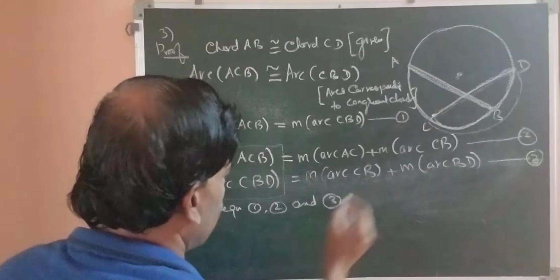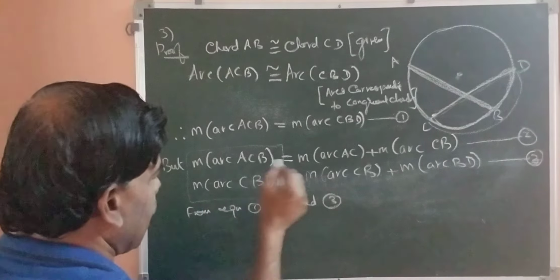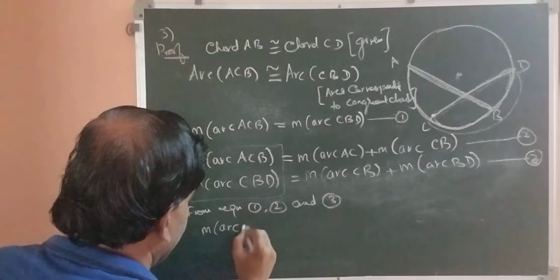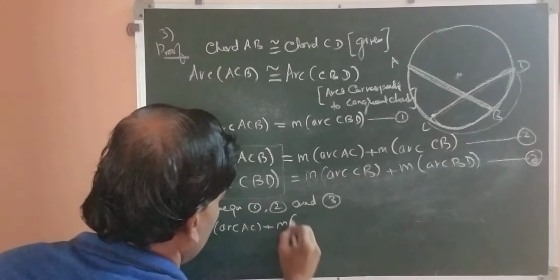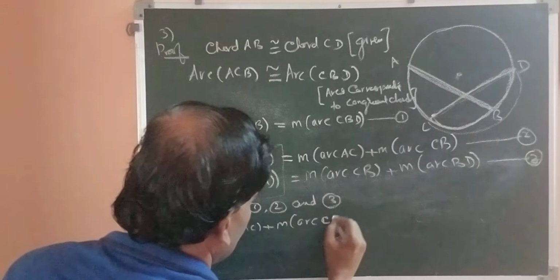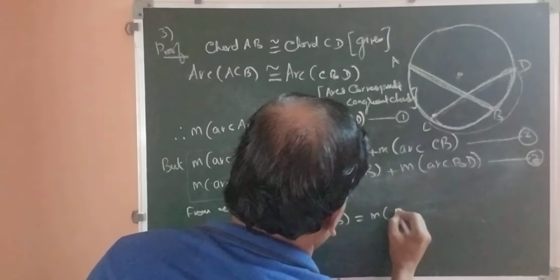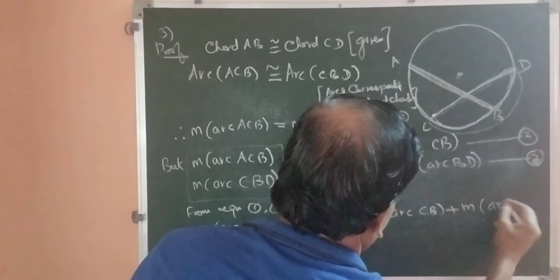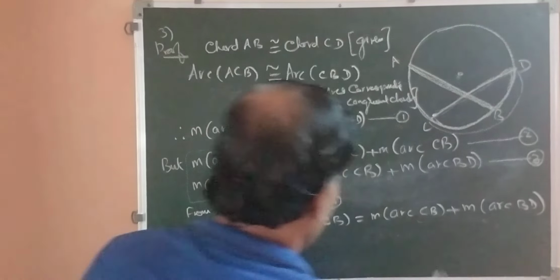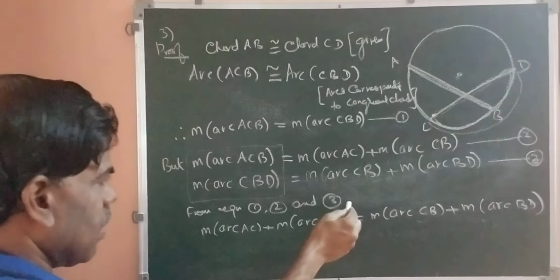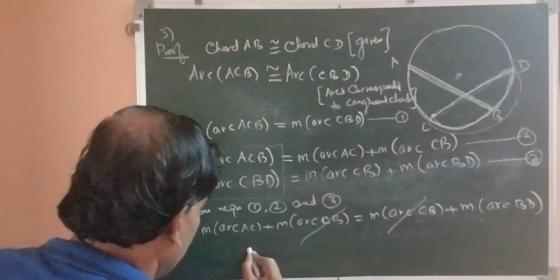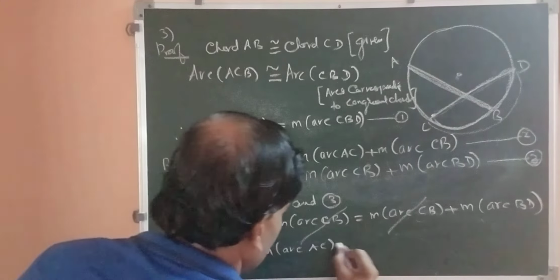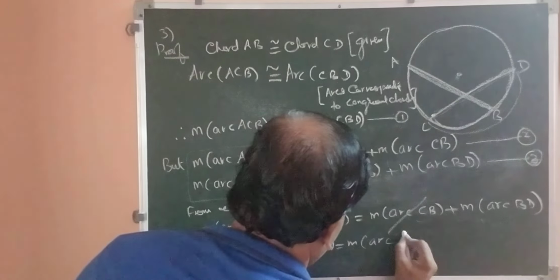Therefore, right hand sides are also equal. Therefore, we will equate, this will get cancelled. So, measure of arc AC plus measure of arc CB equal to measure of arc CB plus measure of arc BD. Now listen, on both sides this is common. Therefore, measure of arc AC is equal to measure of arc BD.